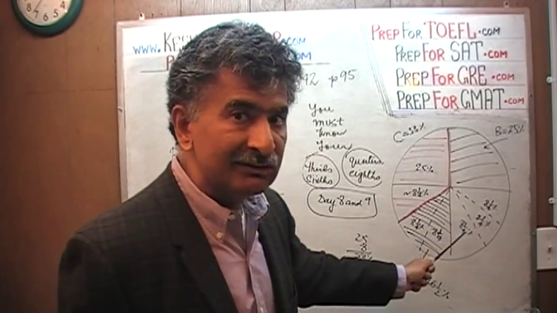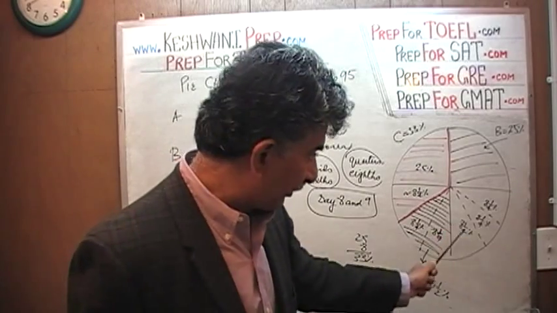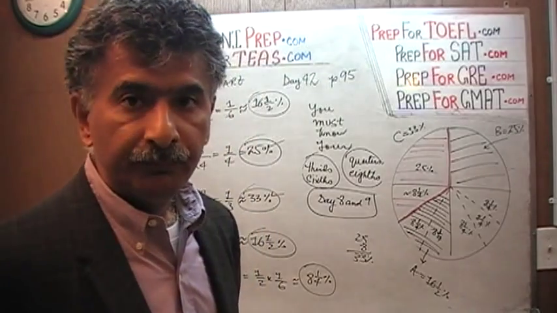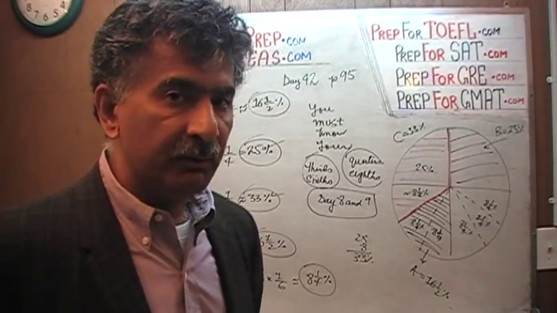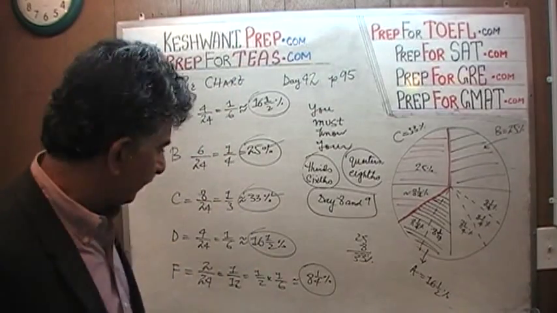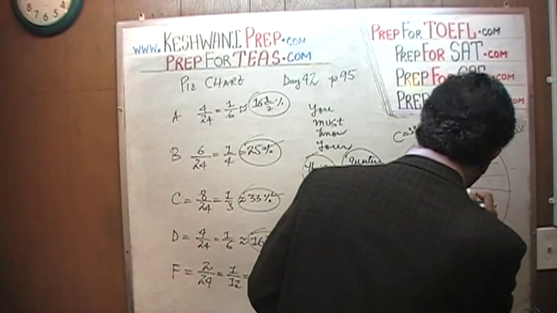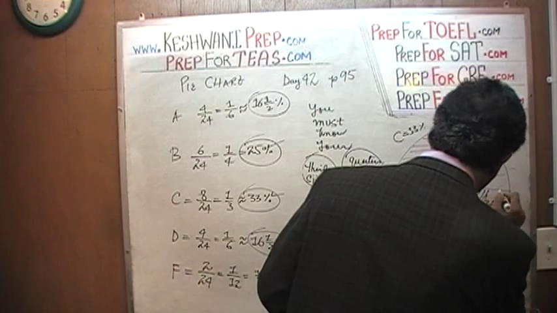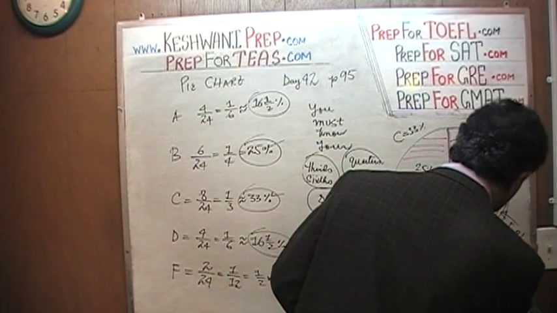So what we get here is 24 and 3/4. What we should have gotten is 25%, because it represents a quarter of the circle. But we came up with 24 and 3/4, which is close enough in terms of our approximation. So there you go. Pick one part and call it F. I'm going to call this part F here. This is your F, which is 8.25%.